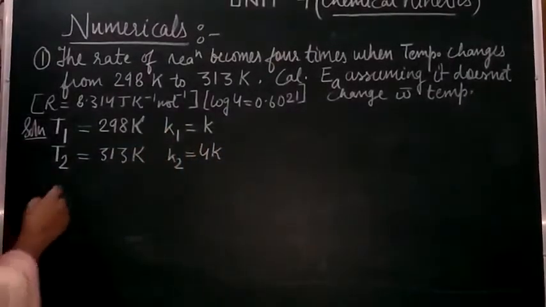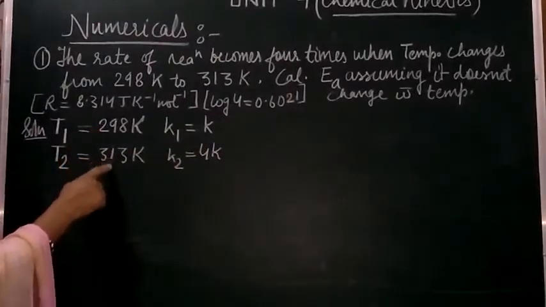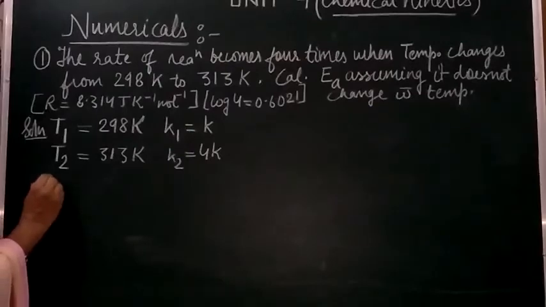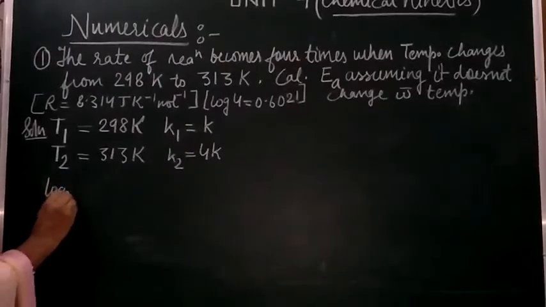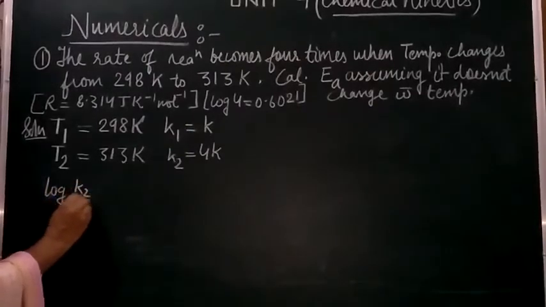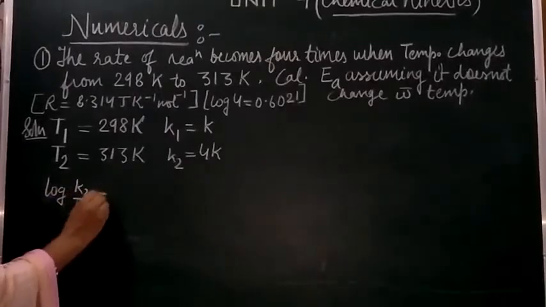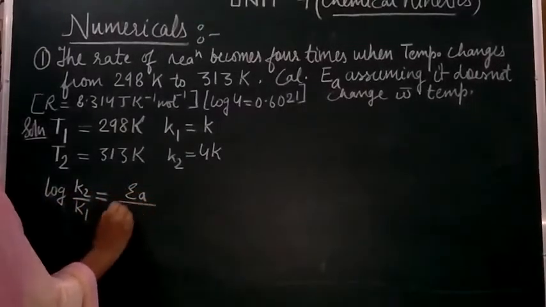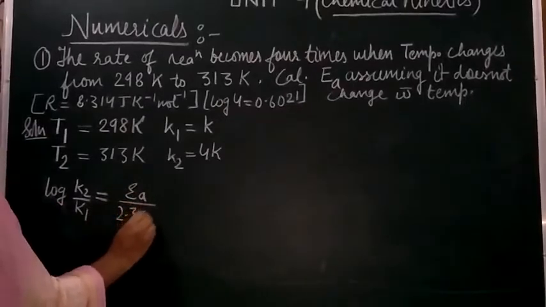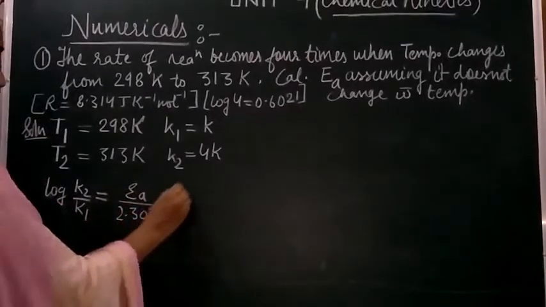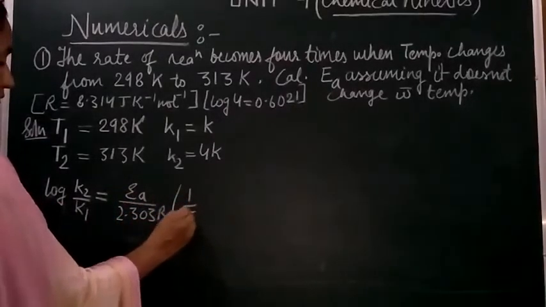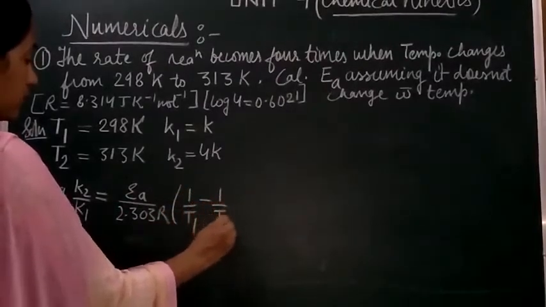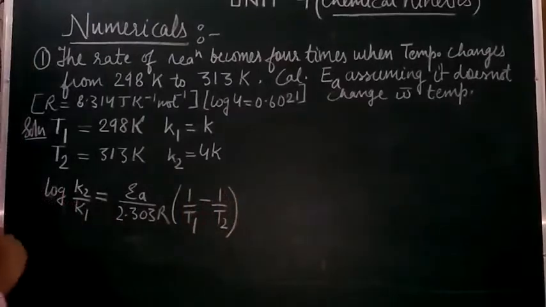Now we will put these values in the equation. So here it is log K2 upon K1 equals Ea upon 2.303 R within bracket 1 upon T1 minus 1 upon T2, right? We have got this equation.